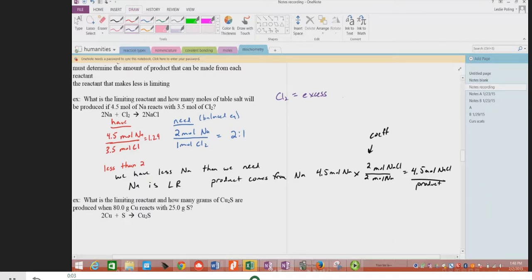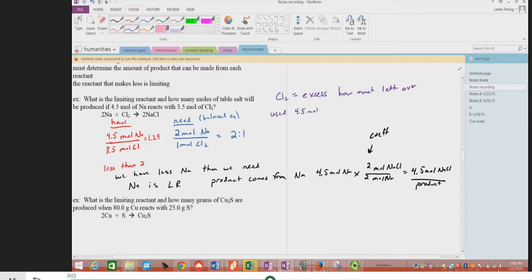So how much is left over? Well, first we need to figure out how much was used.